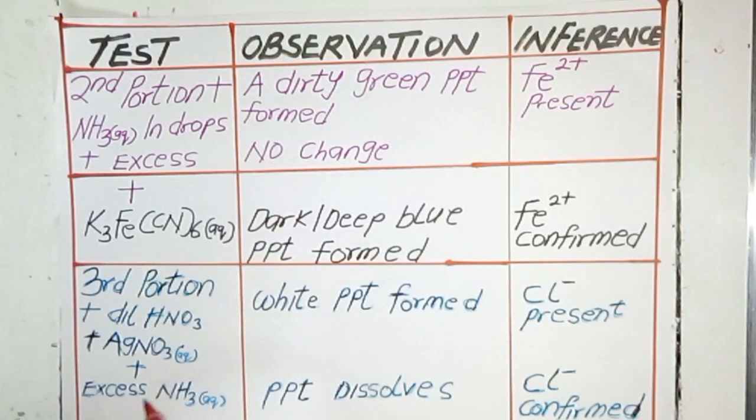Then when you add excess aqueous ammonia, the precipitate dissolves, and when that happens, you can confirm that yes, the salt also contains chloride ions, which will be fitting because what we were given was iron 2 chloride.